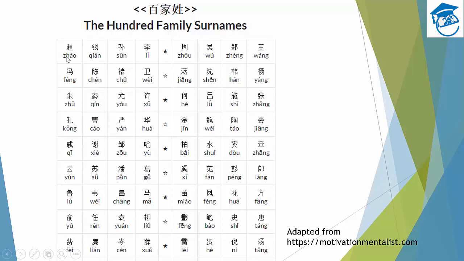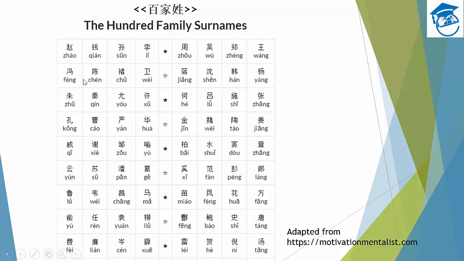So the first one is of course the family name of the emperor, Zhao. Okay, and as you can see, there are other family names that you know. So you can see my family name is here, and this one is the family name of Jack Ma, and you can just go into this website and look for that.